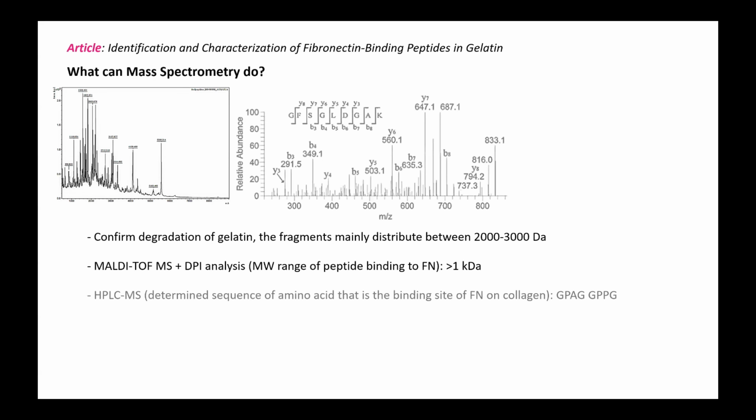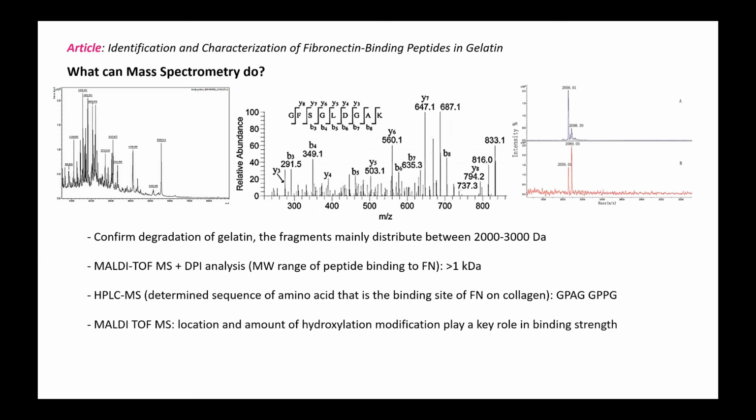The HPLC-MS result indicated that all FN binding peptides contain GPAG or GPPG, or in other words, they are the sequence involved in the binding site of FN on collagen. HPLC-MS also identified two peptides with similar sequence except for hydroxylation of proline, and these two sequences were synthesized.